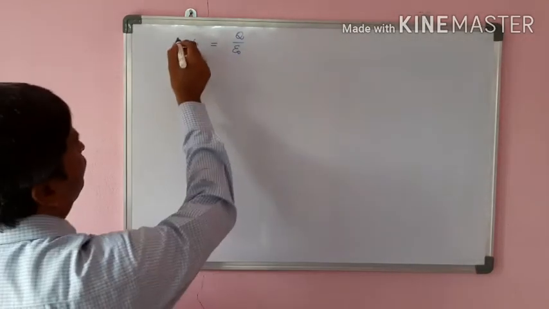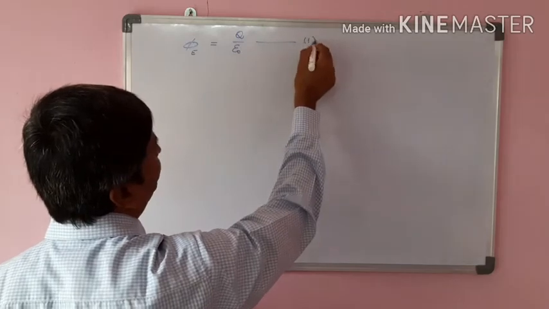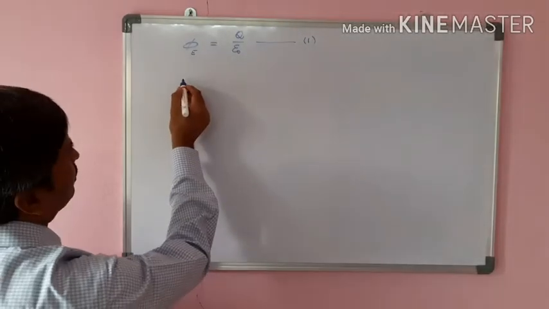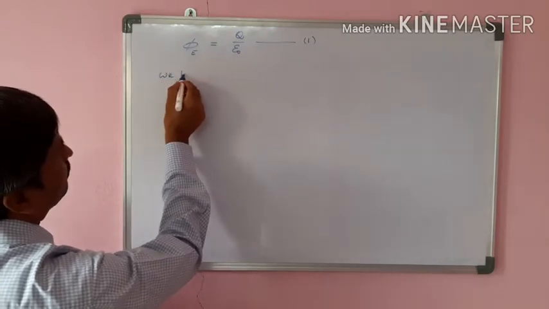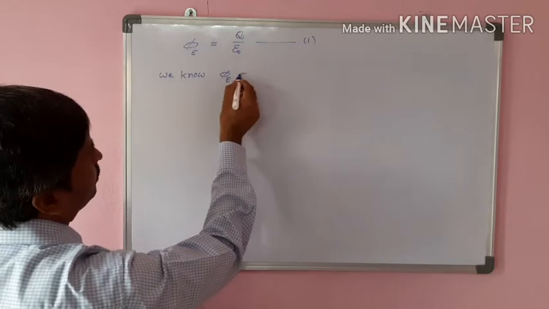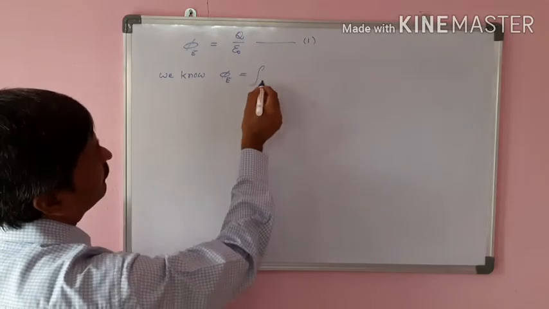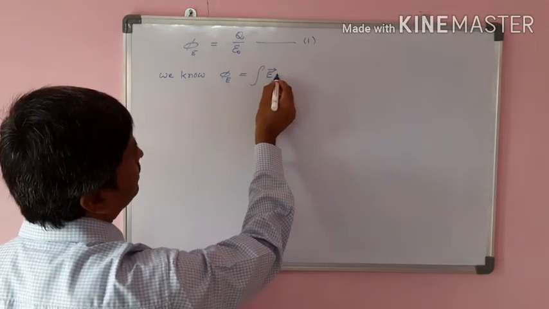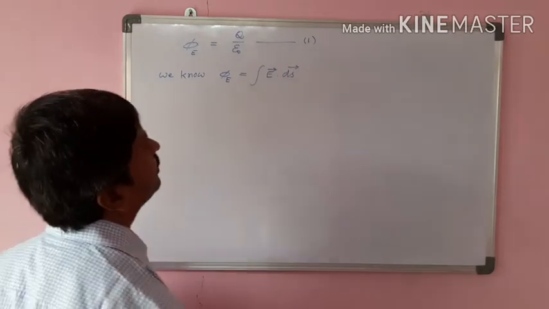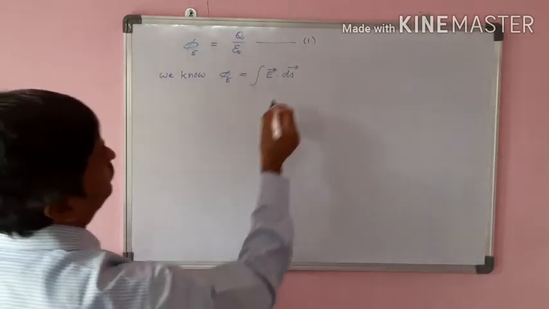This is the formula we have. Let us take this in integral form. First, we know flux phi E is equal to integral of E dot ds. First point, integral of E dot ds.